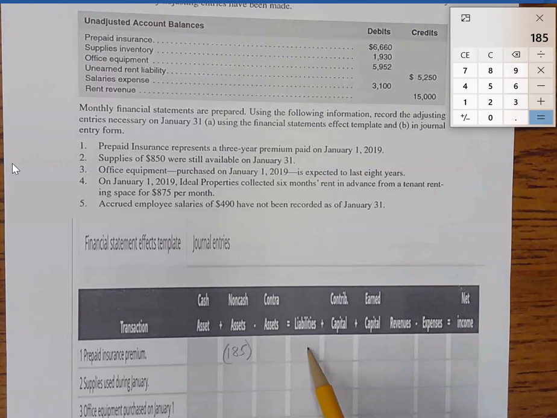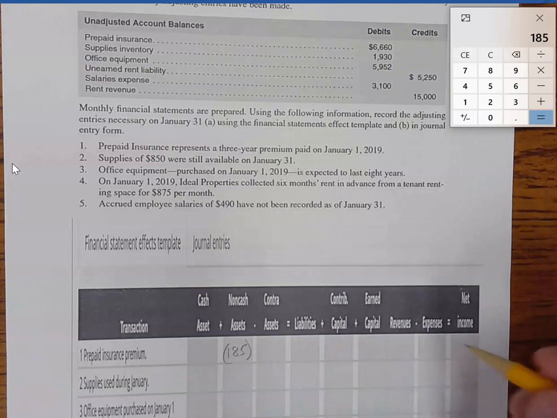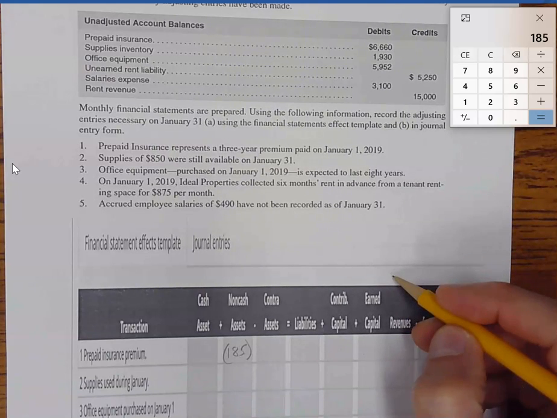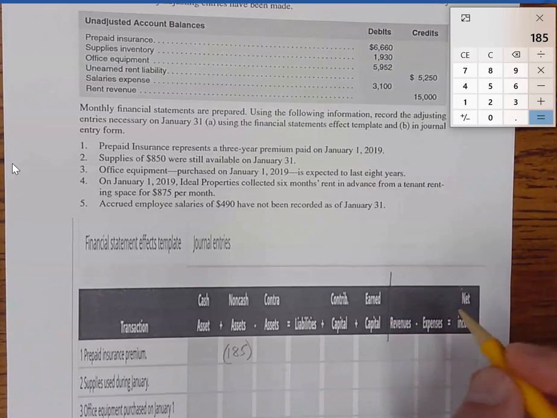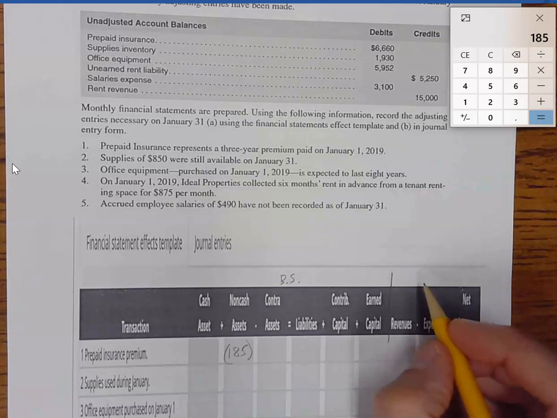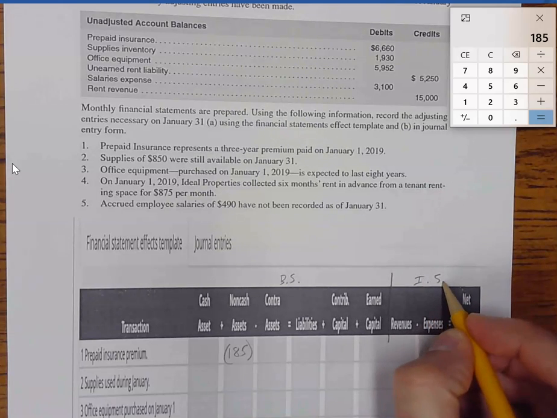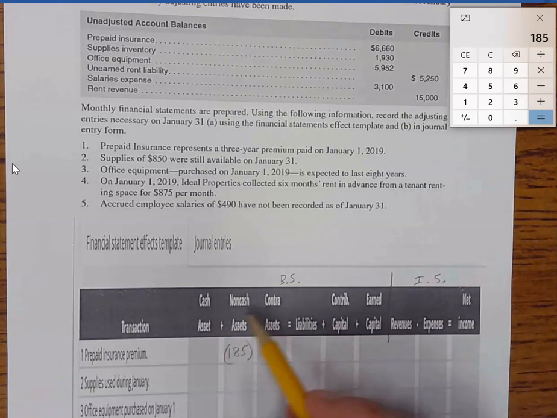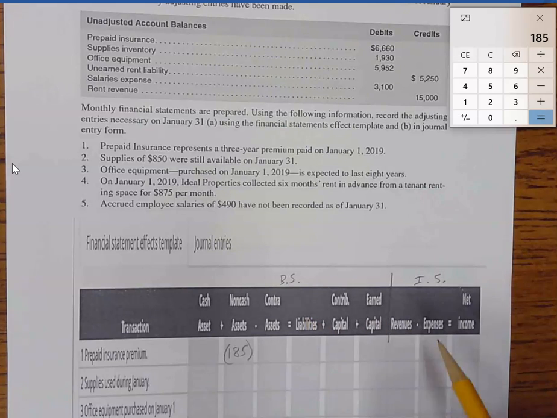We have not reduced any liabilities. We've had no impact on capital. And so then we get over here to earned capital. And I notice we don't have a little line here distinguishing. So I'm going to make a little notation here that all of these items right here pertain to balance sheet data, and then everything over here pertains to income statement.